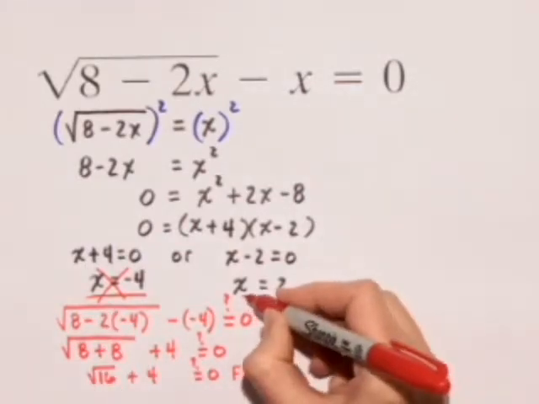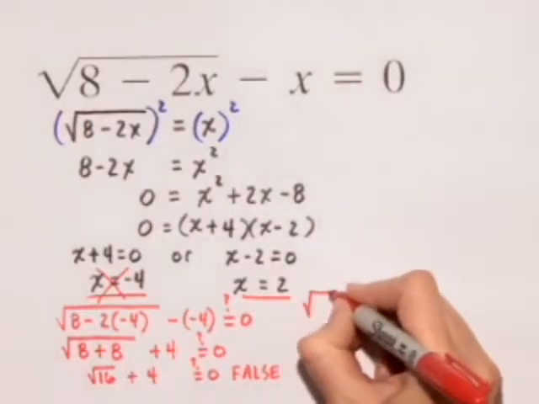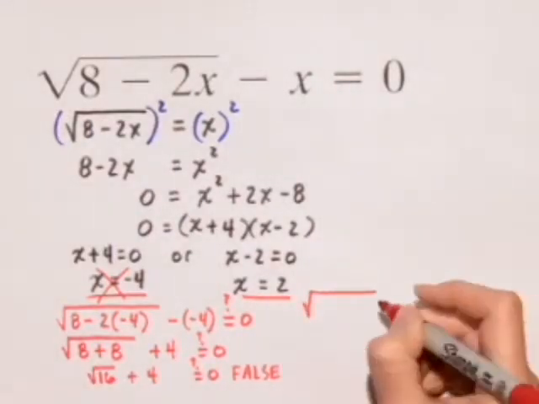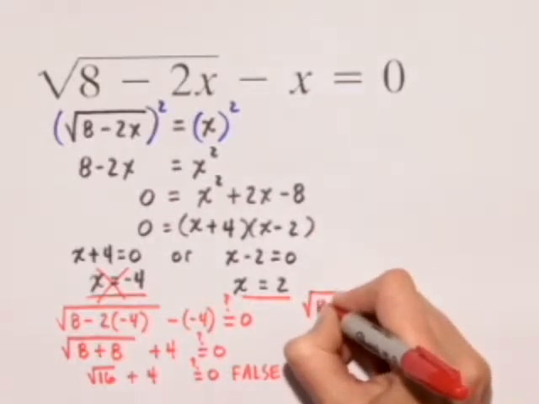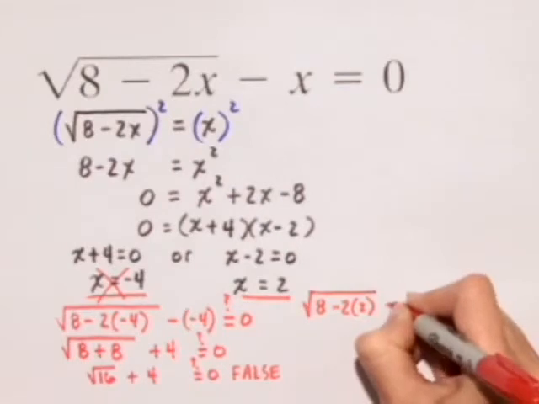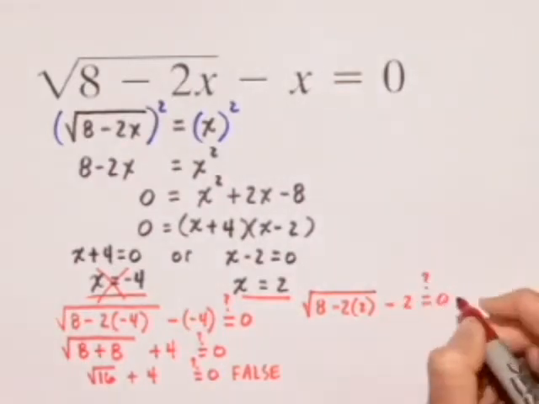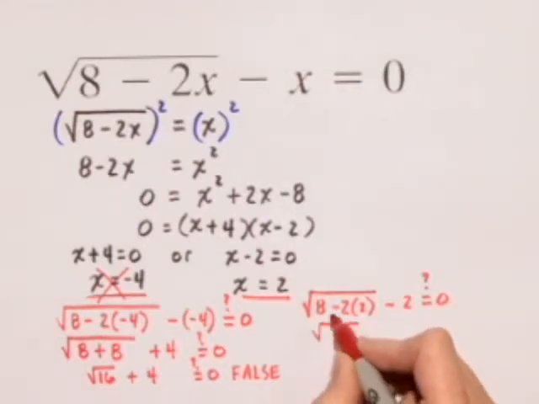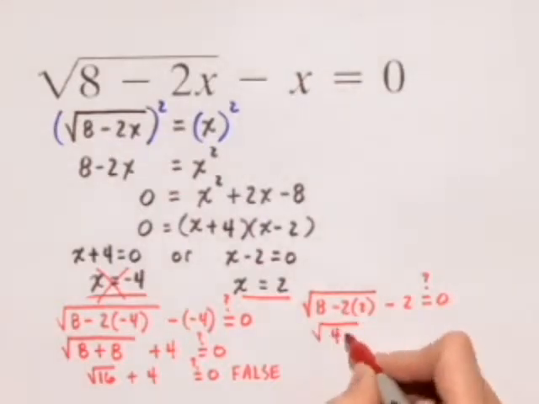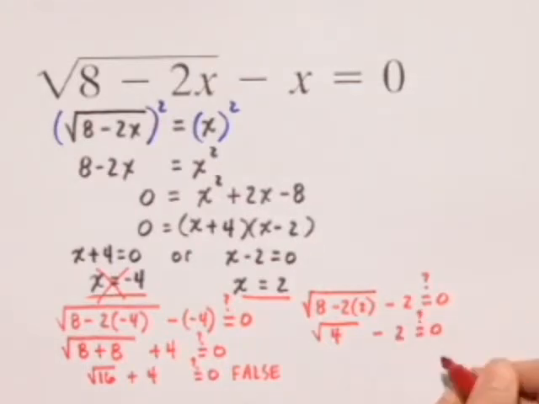Now let's check x equals 2. So we'll substitute 2 back in for x in the original equation, and we have the square root of 8 minus 2 times x, which is 2, minus x, which is 2. Is that equal to 0? So we have the square root of 8 minus 4, which is just 4, minus 2. Is that equal to 0?